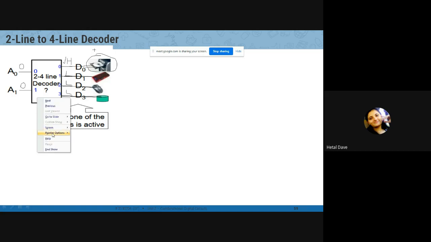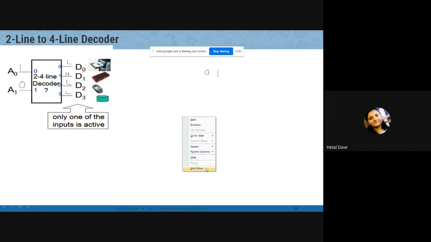Let's say I am going to give the pattern 1 0. Right now A0 is LSB and A1 is MSB. This is your pattern, which is equivalent to 1. So this line will get higher voltage and the rest of the lines will get lower voltage. Which device will be activated?